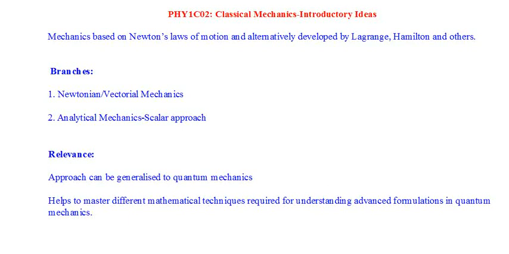Now let me go to the discussion of the various branches of classical mechanics. As you have seen, the starting point is always Newtonian mechanics, and Newtonian mechanics puts great stress on quantities which are vectorial in nature.